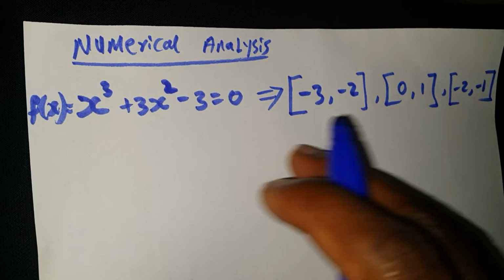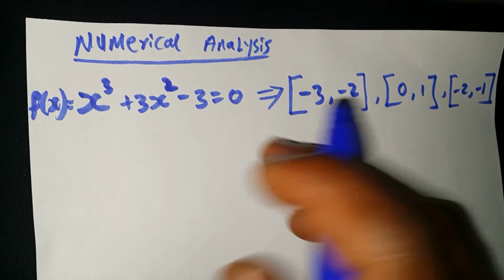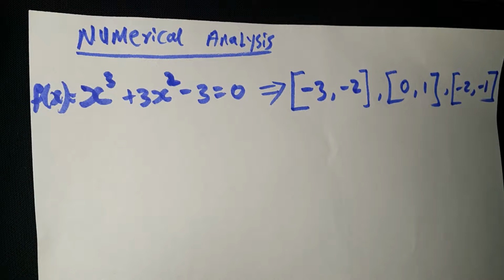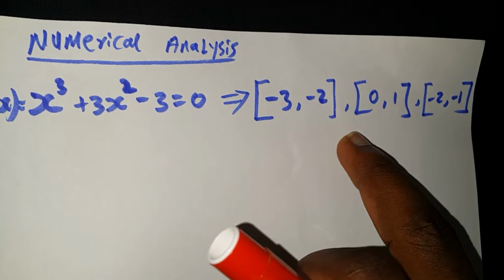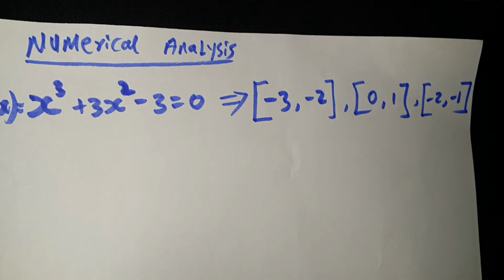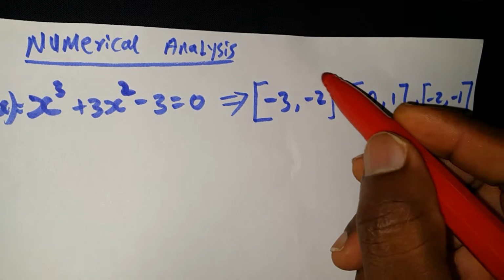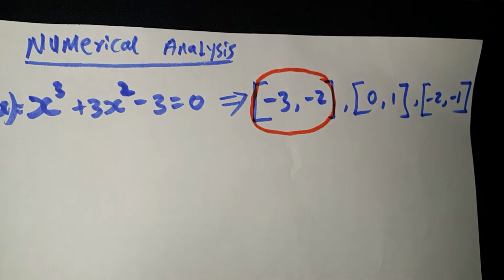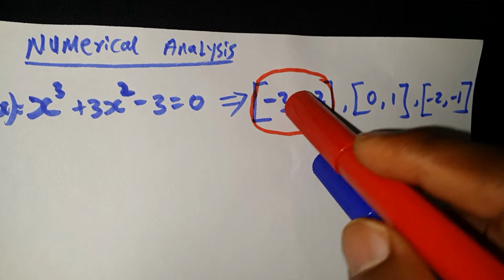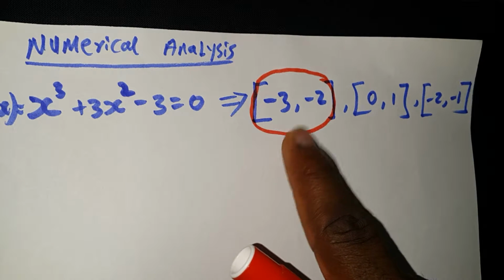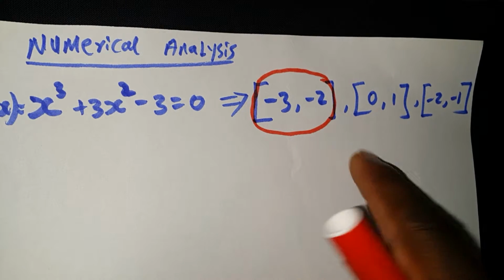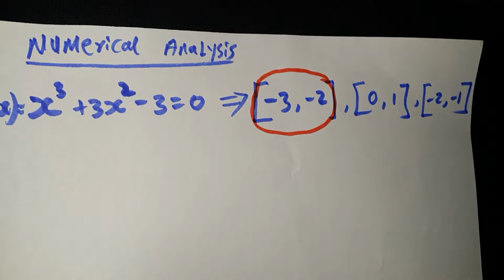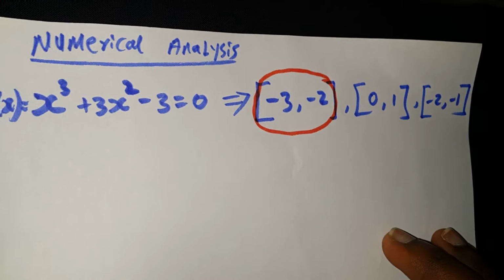Let's assume that we are asked to solve for the smallest interval. When you look at these intervals, the smallest interval here is this one. If they ask you to solve for the smallest interval, look for the smallest one of the 3. But if they ask you to solve for any, you can just choose any of them.